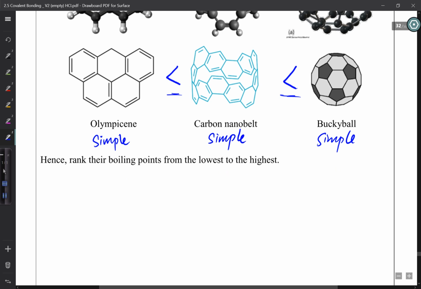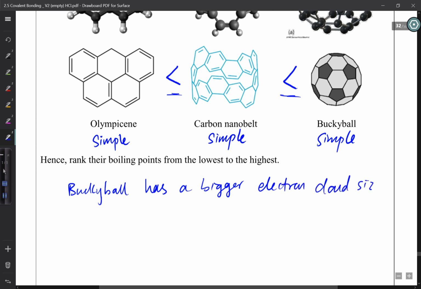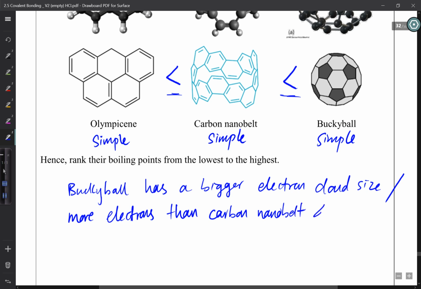Why is that so? That's because buckyball has the biggest surface area, and a bigger electron cloud size, or you can say has more electrons, than carbon nanobelt and Olympicene.